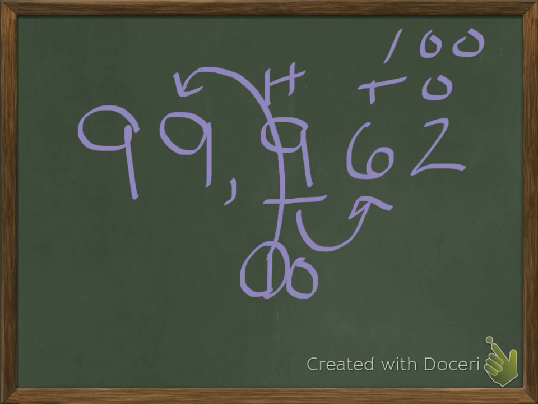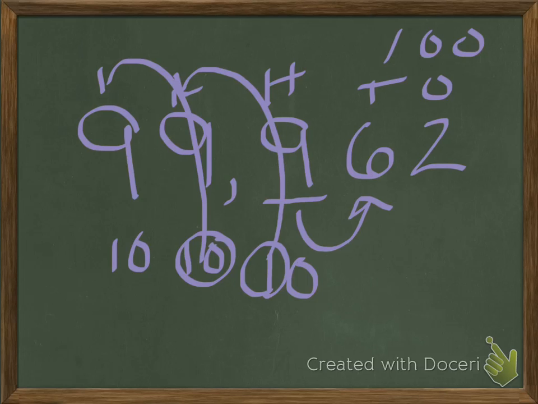But then you have the same problem. You can't have the 10, two numbers in one place value column. So you have to regroup again and do that over there. So now you're having the same problem. And that would be 10.